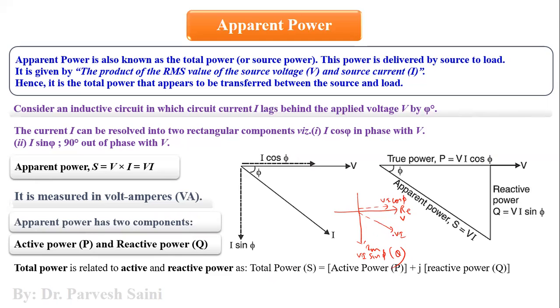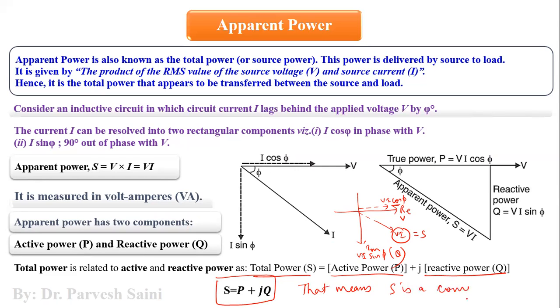That means your source power, the resultant, can also be expressed as a complex number: active power as the real part and reactive power as the imaginary component. So we can represent this as S equals P plus jQ. So S is a complex quantity.